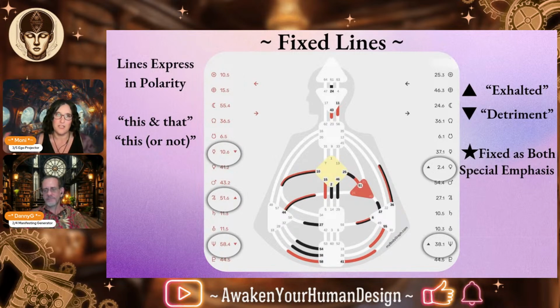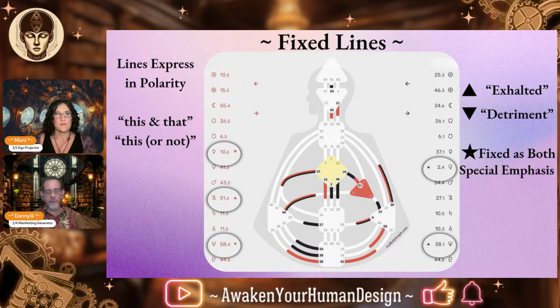It's a special emphasis, like, this is going to be a relevant theme in your life. I've started recently giving it the language of just the first and second expressions. As I wake up more to my nature, I love my detriments and my exaltations, and most gates don't have either. They're just sitting there as a regular gate working along. The real important thing to notice is that we're a duality.